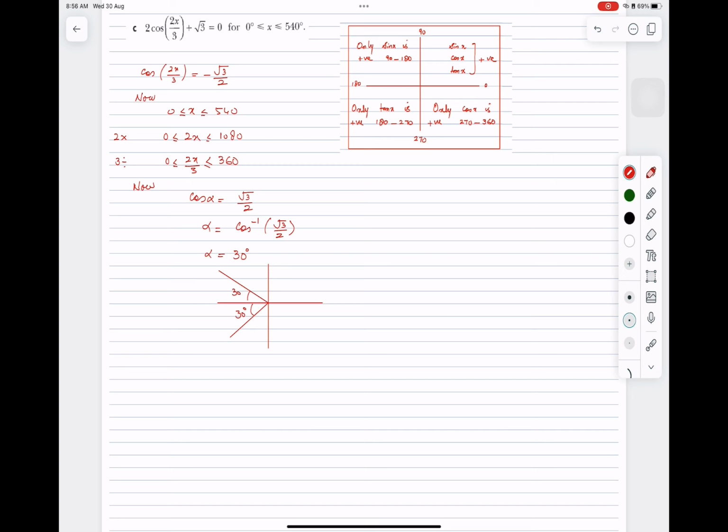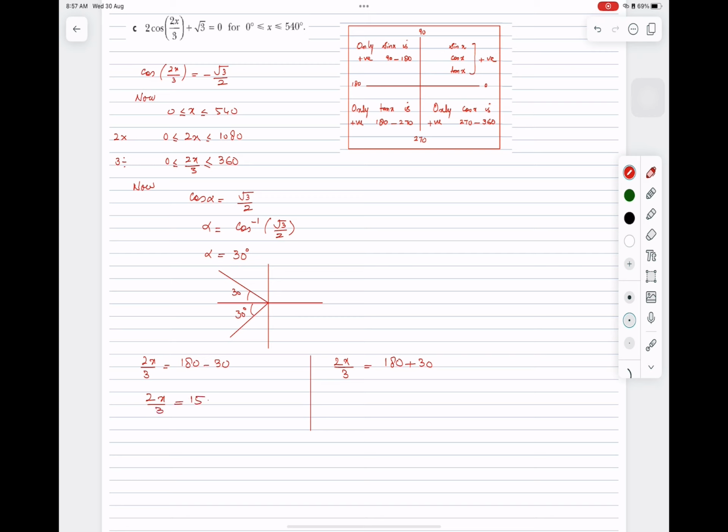So it will be 180 minus 30 degrees. That is the first possibility. And the second possibility is 2x over 3 is equal to 180 plus 30 degrees, because now we have to calculate our angle in the third quadrant.